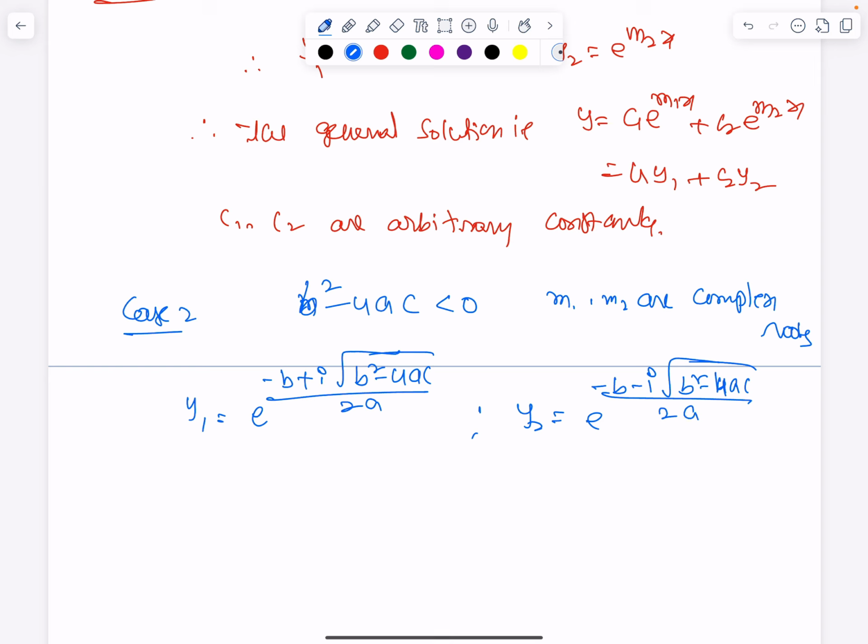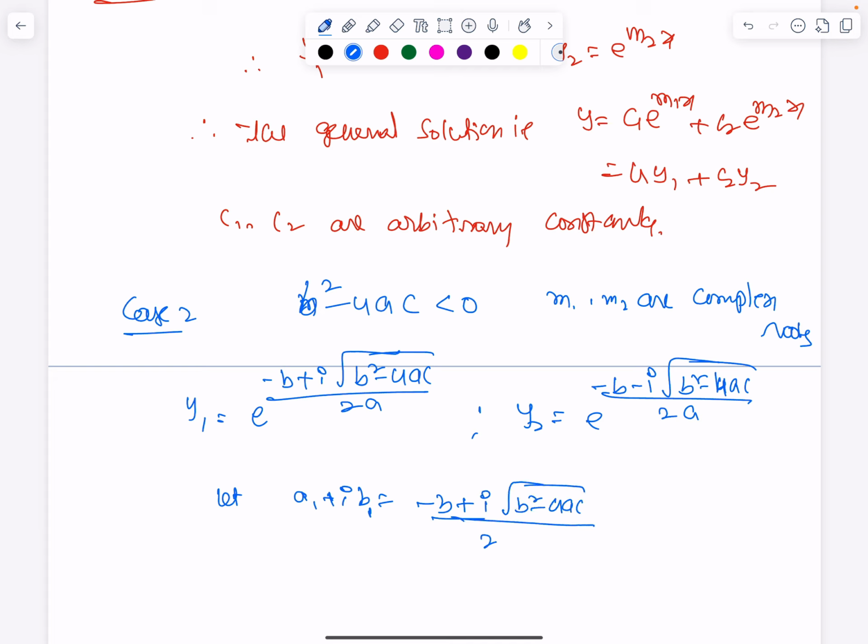I am just assuming a dummy variable instead of writing that entire expression.